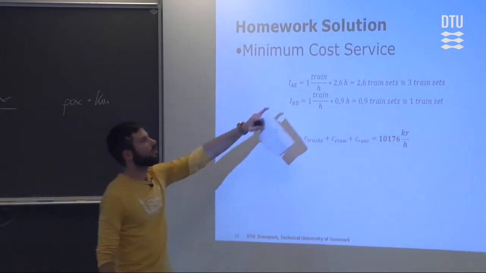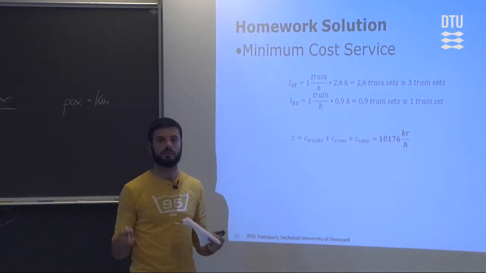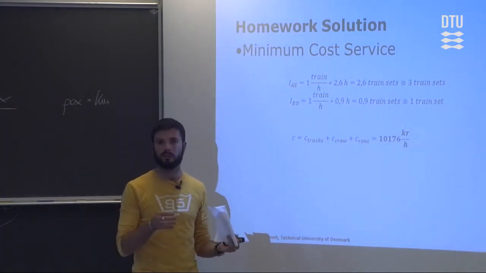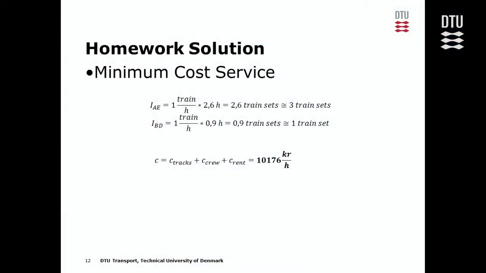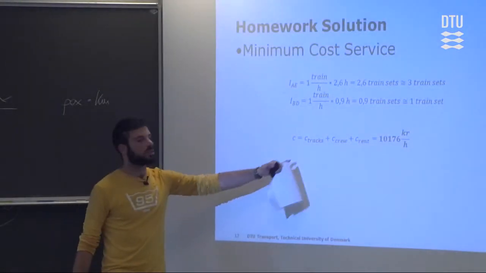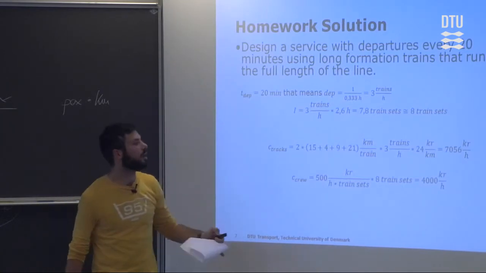So we calculated first the capacity needed, so the number of train services passing every hour. Then the train sets needed to run that service. So it was 2.5 train sets, which again means running 2-3 train sets. And we applied again the same cost calculation that we applied in this equation.